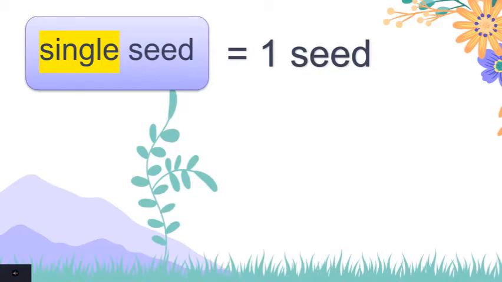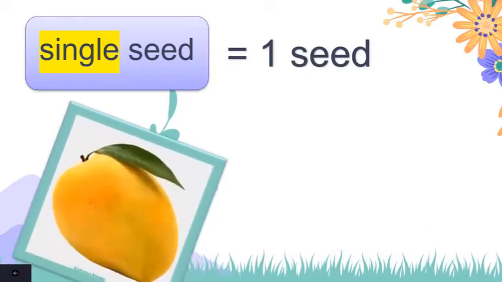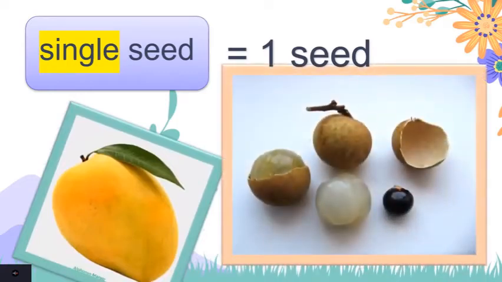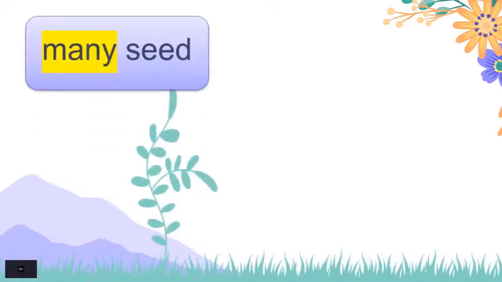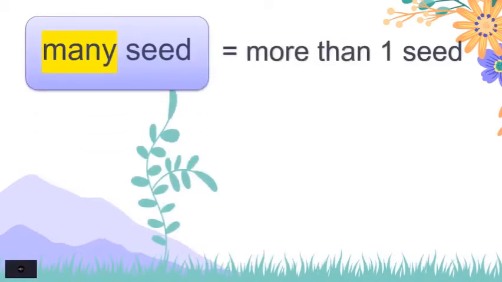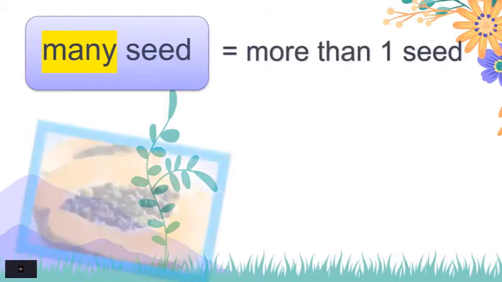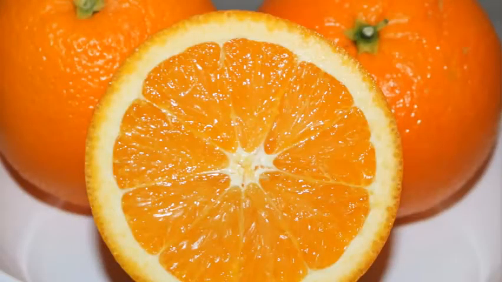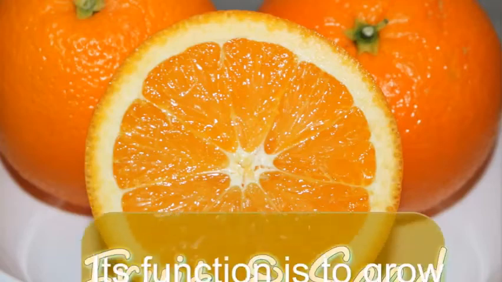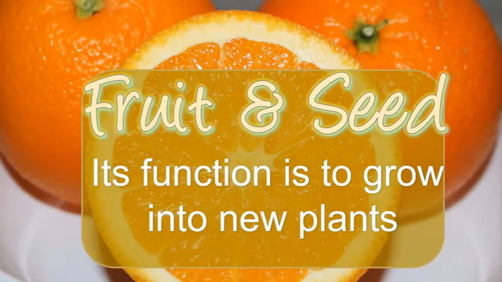Example of these fruits are mango and longan. Many seed, meaning some fruit have more than one seed inside, such as papaya and oranges. Don't forget, the function of fruit and seed is to grow into a new plant.